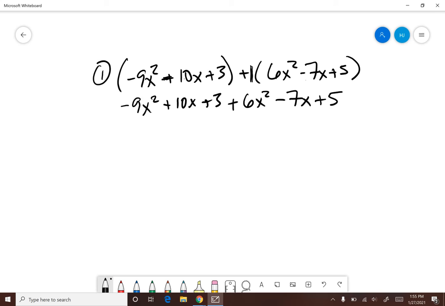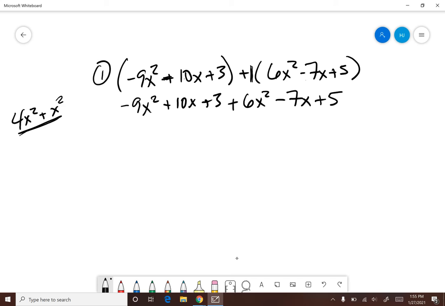Like terms have to have the same exponential value. So in other words, if I had 4x squared plus x, I cannot add these terms together because they are not raised to the same power, okay? So in this case, these are not like terms, so I can't add them.